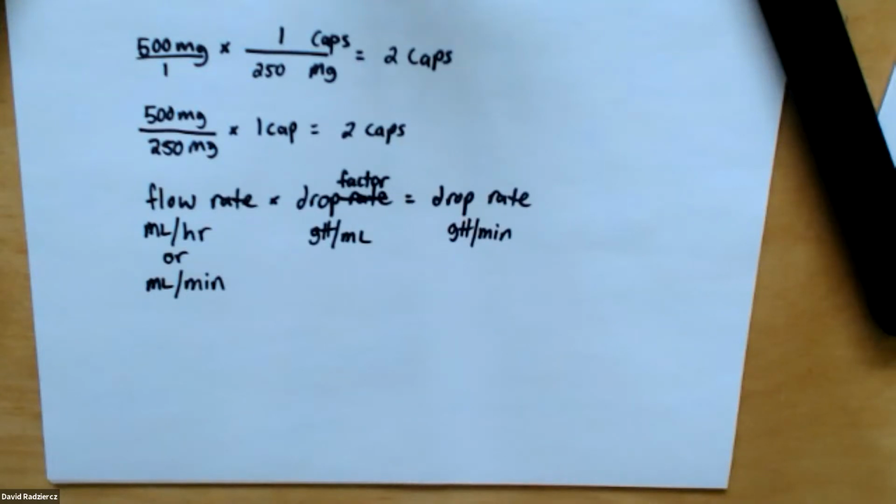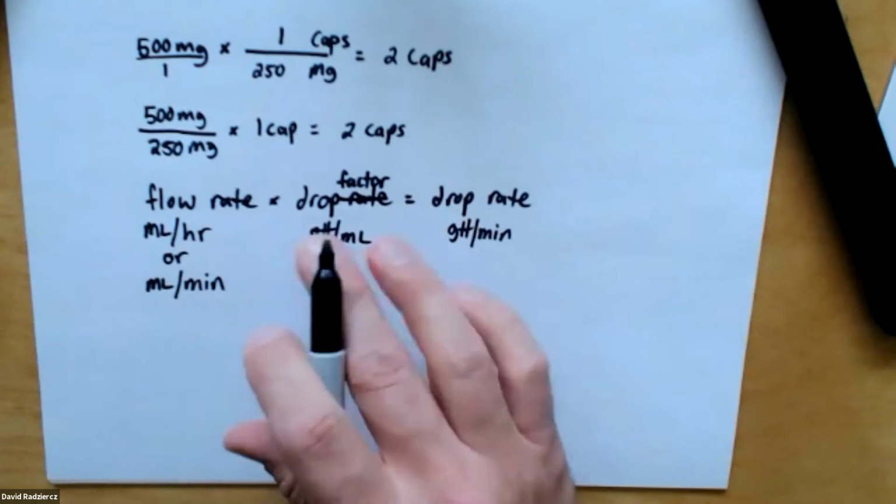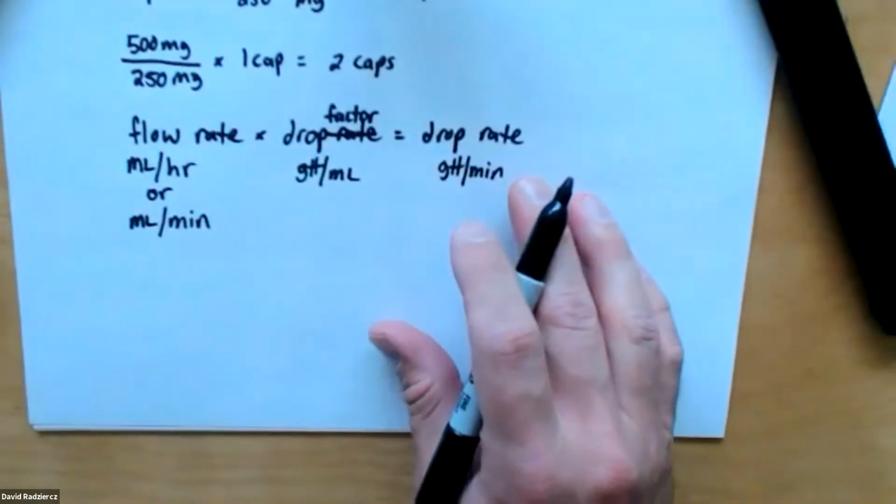So your question 20 says the physician ordered 1440 cc's of dextrose 5% normal saline to be infused over 12 hours. If your tubing is labeled as below and the label says 10 drops per milliliter, what will the flow rate be in drops per minute? When you're solving this question, you start off with the flow rate.